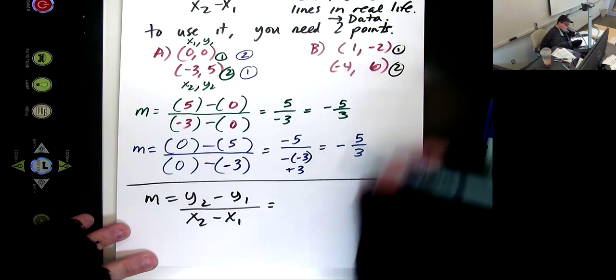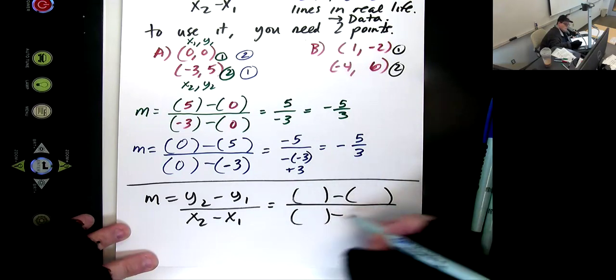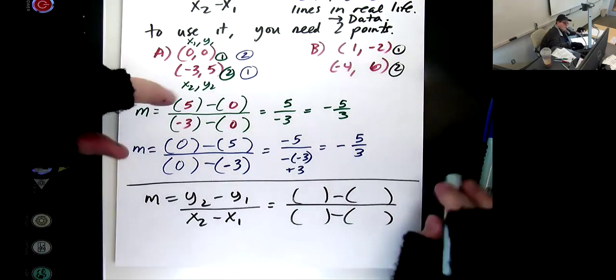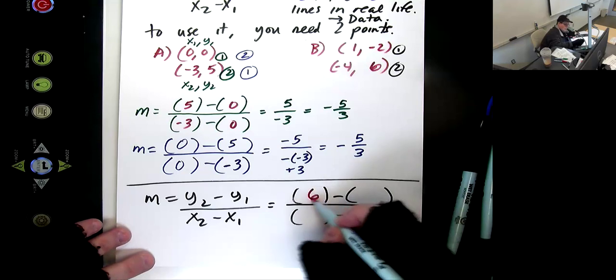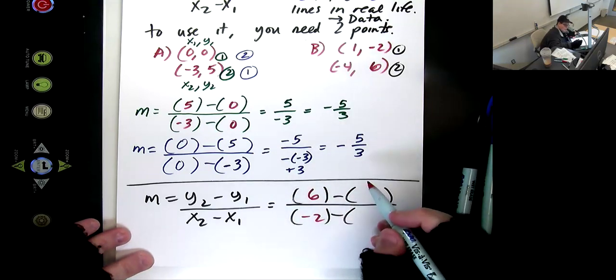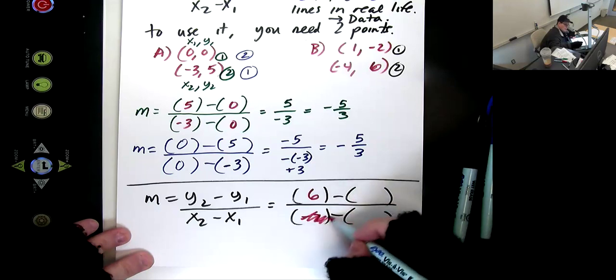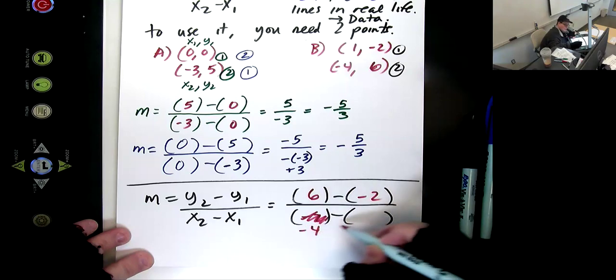So Y2 is the 6. And Y1 is the -2. And, oh, that doesn't go there, that goes up here. X2 is -4 and X1 is 1.